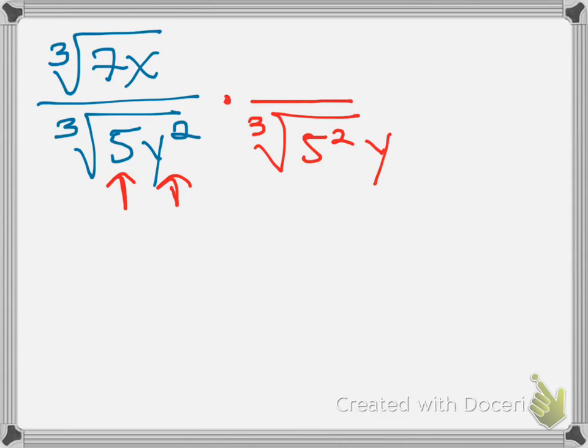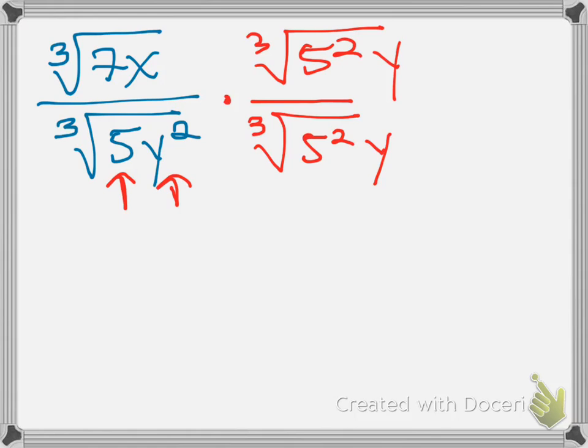Now, of course, like I said earlier, we're just multiplying by some odd-looking version of 1. So whatever we multiply our denominator by, we must also multiply our numerator by. So in order to rationalize our denominator, we must multiply by the cube root of 5 squared y over the cube root of 5 squared y. So let's go ahead and carry that out.